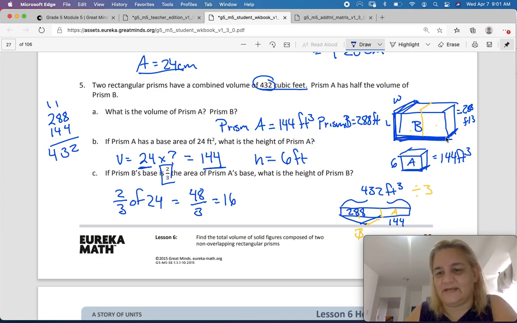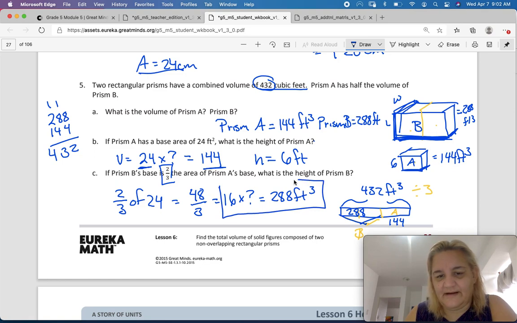We're going to call this one the height. What is the height of prism B? So 16 times something is going to give us, and B is much bigger, 288 feet cubed. Okay, so there is our area times height equals 288.